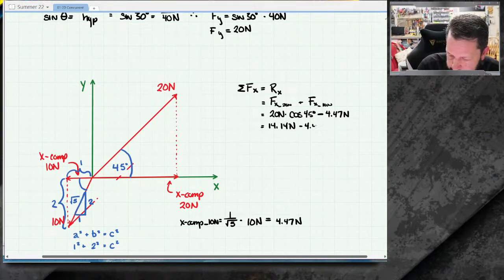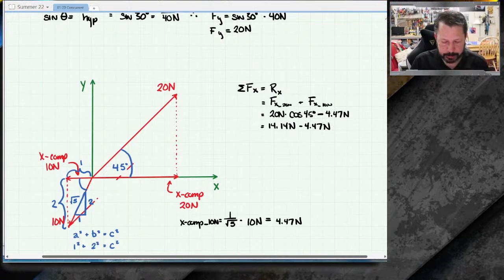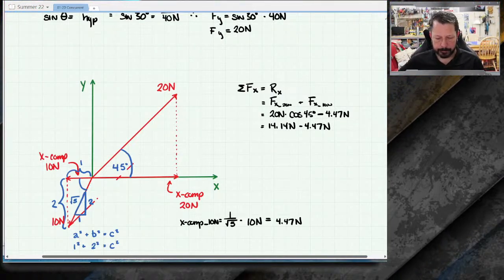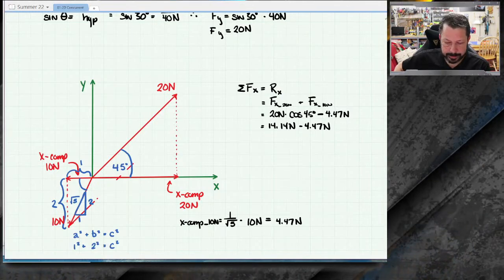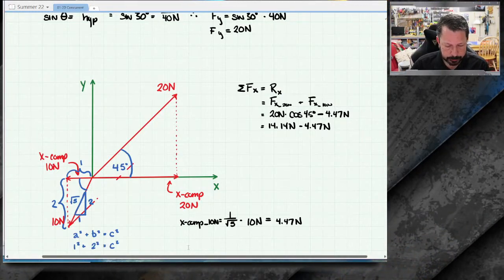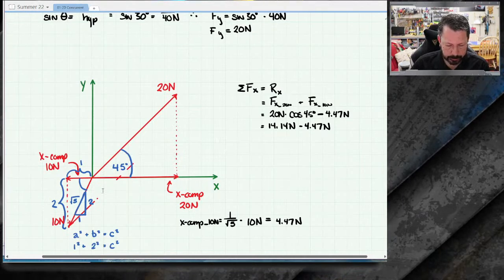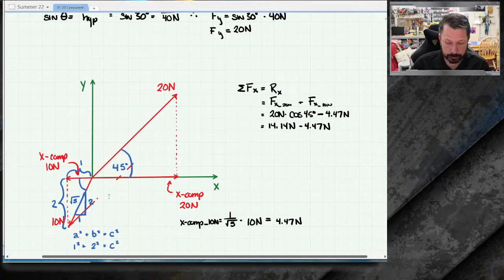Now we have to look at these and see if these make sense. There's about a 3-to-1 ratio there. And if I'm looking at my picture and wondering if I've drawn it correctly, it does look like I've more or less drawn it correctly.